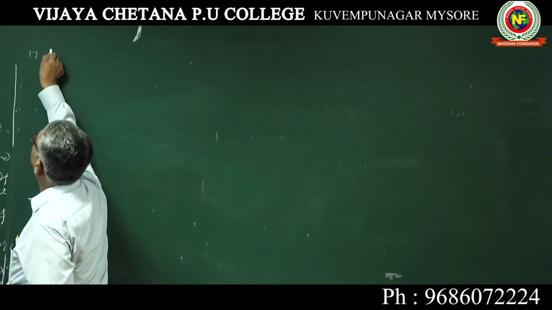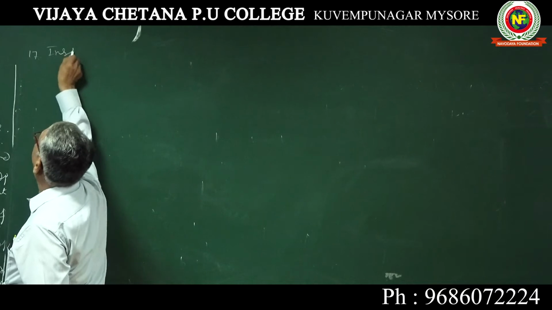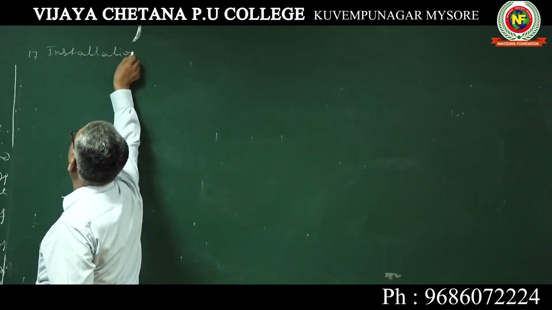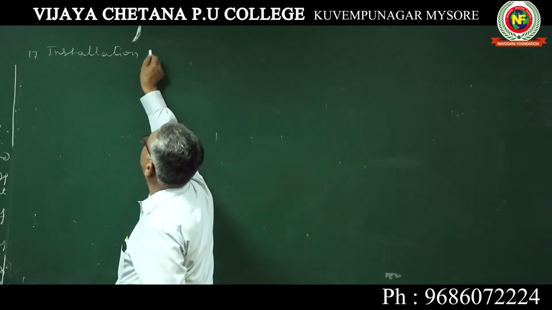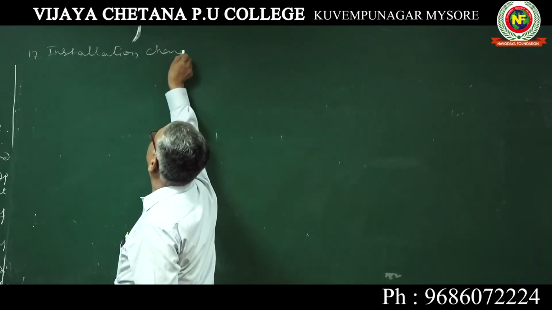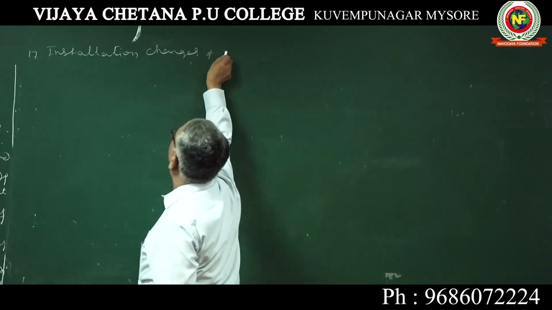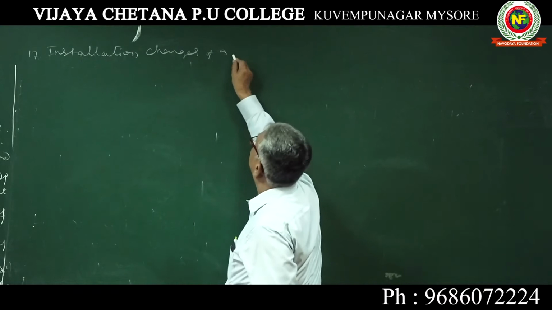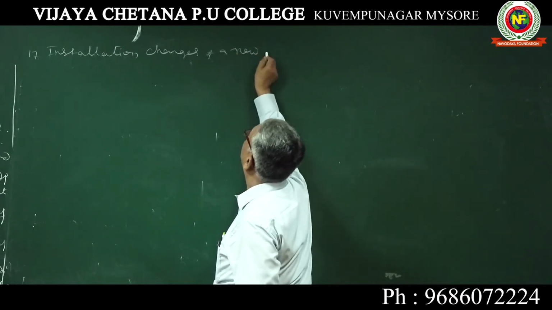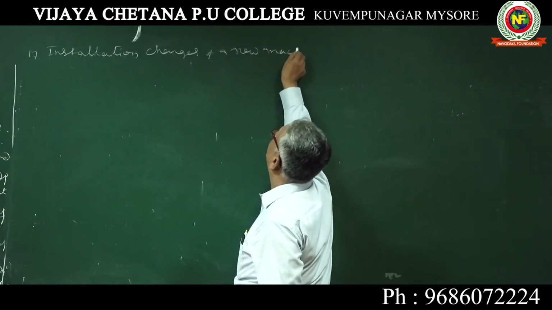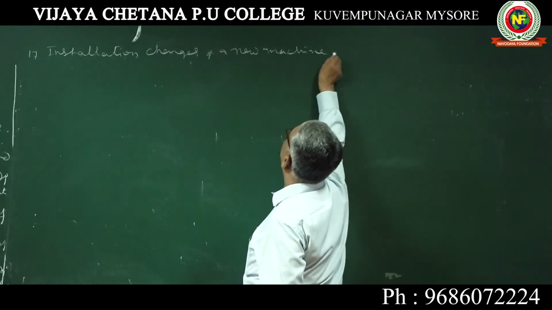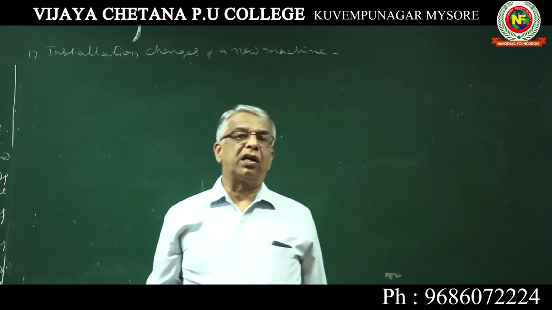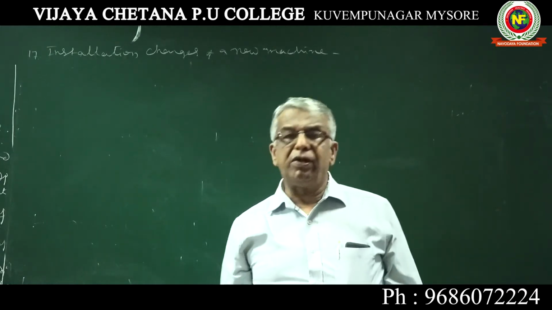The 17th point is installation charges of a new machine. As you know, this is the expenditure incurred in connection with fixing of machinery.